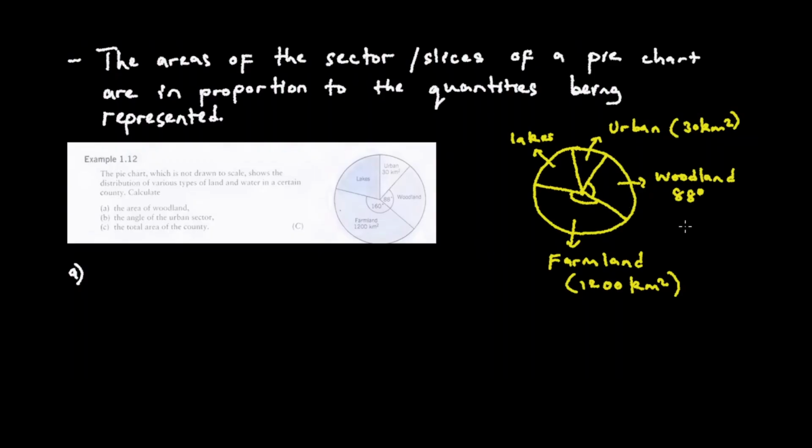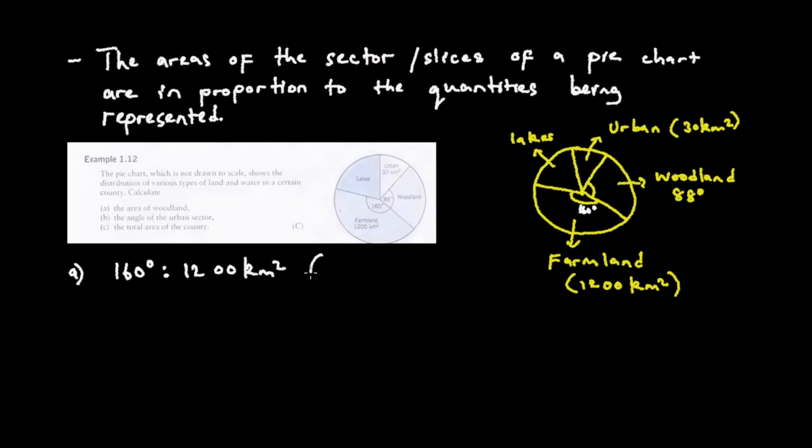Kuti tiwane area of woodland, tinofanirwa kutarisa information yatakapiwa panapa, and toona kuti farmland tapiwa both this angle and also the area. Saka tichashandisa complete information kuti tiwane missing information. Saka complete information iri kutiudza kuti 160 degrees is proportional to 1200 square kilometers.